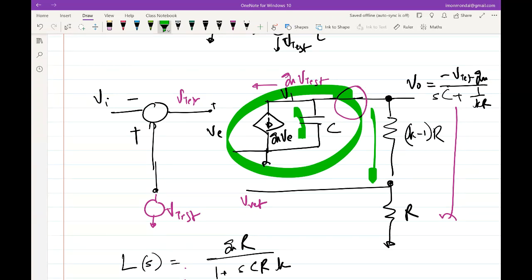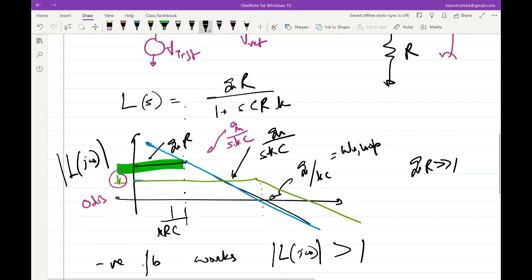But this doesn't capture one thing: we'll never get a case where the output conductance is 0, right? In a real transistor there was GDS, which depends on the biasing conditions. You saw that GDS is proportional to I naught, and also proportional to lambda, where lambda depends on the length of the transistor, and so forth. So we have a GDS and we cannot really wish it away. What is the effect of GDS on the loop gain?